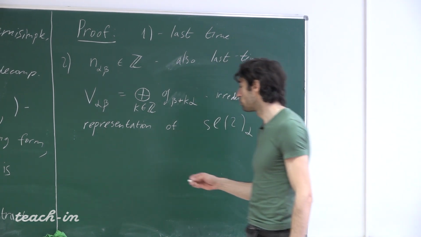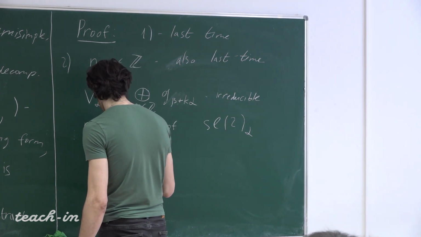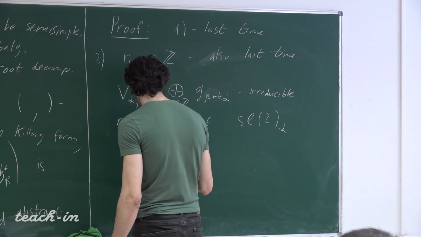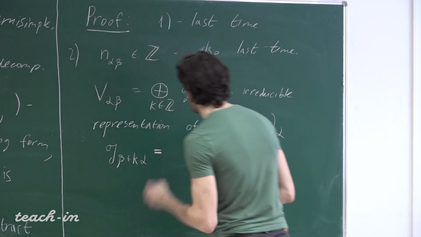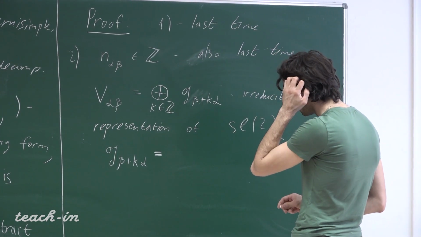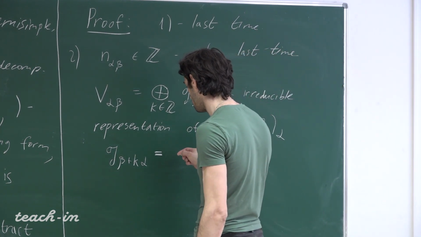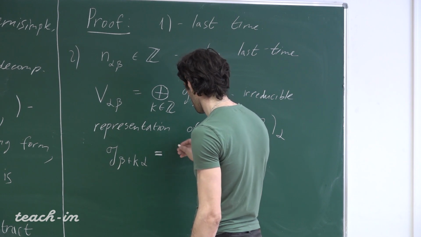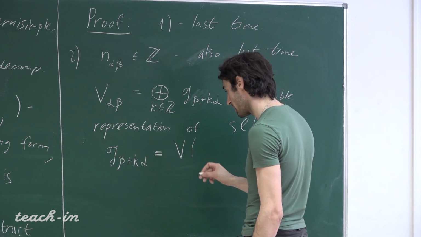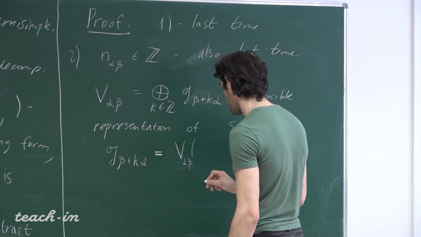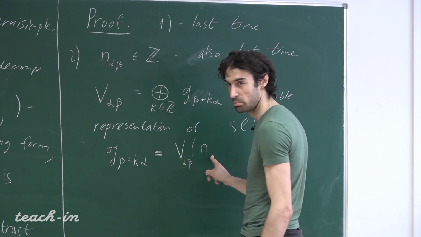And moreover, we proved that g beta plus k alpha is some weight subspace of V alpha beta, right? Of which weight? It's either n alpha beta or n beta alpha.